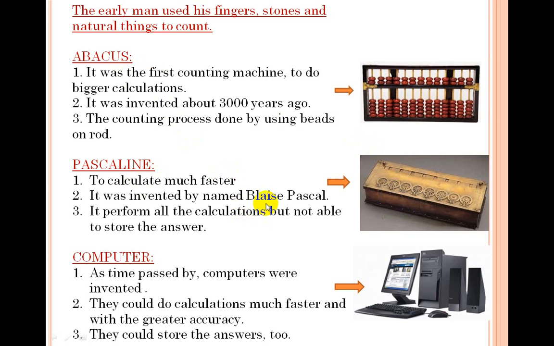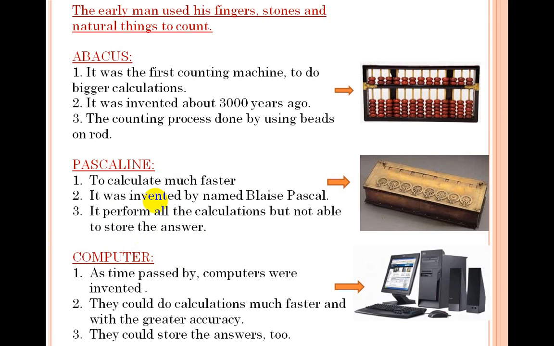It performs calculations like addition, subtraction and multiplication, but it is not able to store the answer. So what is the drawback of this Pascaline? That is, it is not able to store the answer.